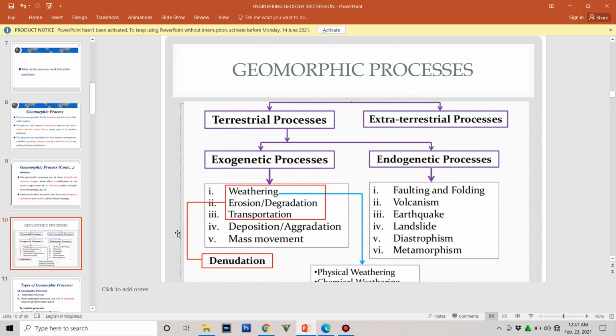And then aside from those factors, we also have gravity. Of course, this gravity has something to do with erosion, degradation, as well as transportation. So precipitation is also a factor, and other geological agents, which we will have to discuss sooner.